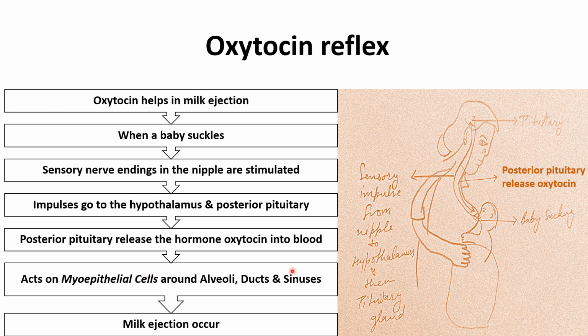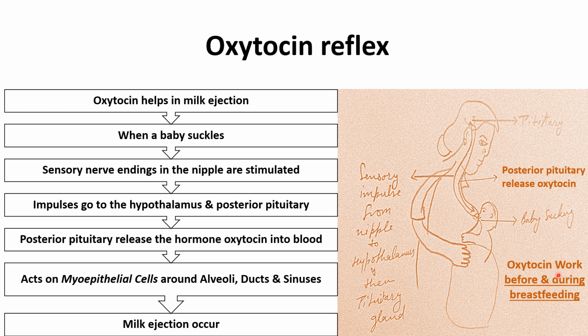With the contraction of the myoepithelial or muscle cells, milk is squeezed from the alveoli to the duct to the sinus, then toward the nipple, and milk is ejected out. That's why this reflex is known as the milk ejection reflex.